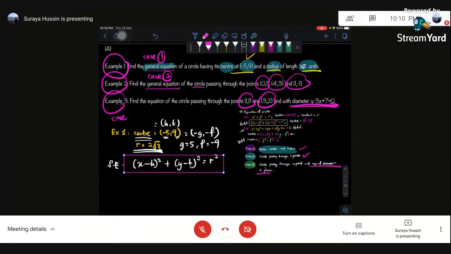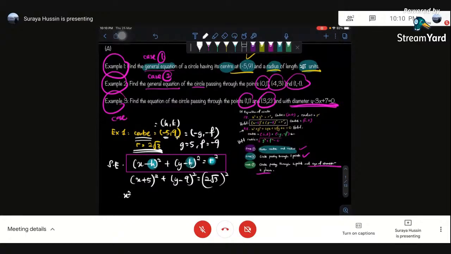Jadi, so kita familiar dengan yang ini disebabkan kita ada h, k dan kita juga ada r. So it's quite easier if we straight away use it. We have h which is negative 5. We also have k which is 9 squared. And your r is 2 square root of 3 squared.